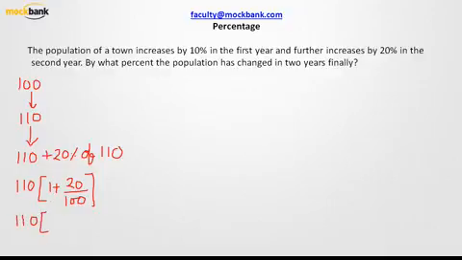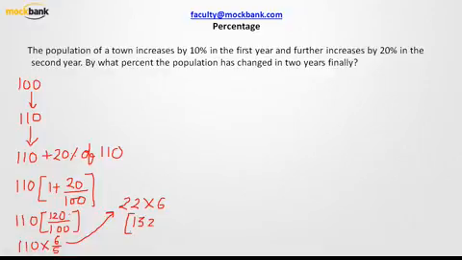110, this becomes 120 over 100, and further this can be written as 110 into 6 over 5. So this comes out as 22 into 6, and this is nothing but 132.